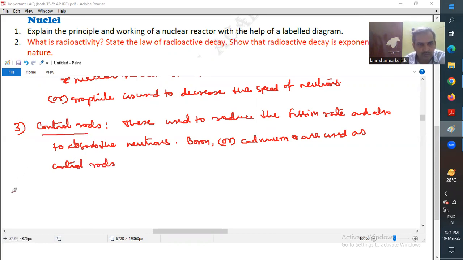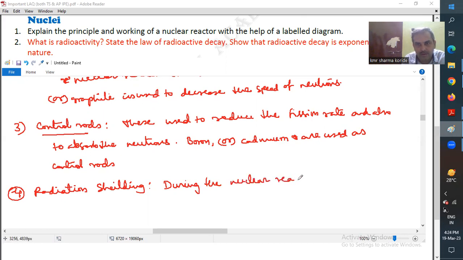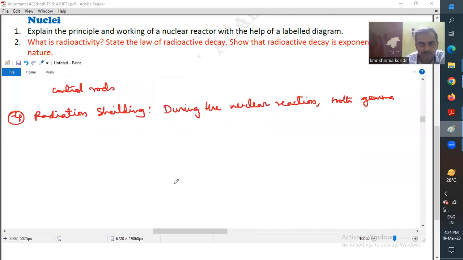Next, fourth part, radiation shielding. During the nuclear reaction, both gamma and beta radiations are produced in the reactor.